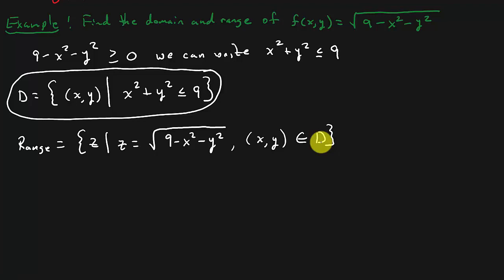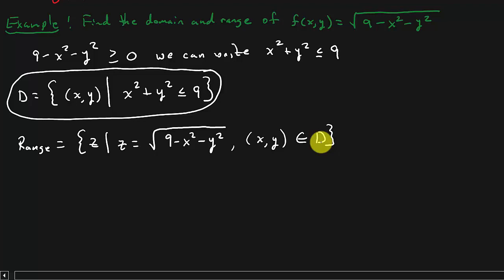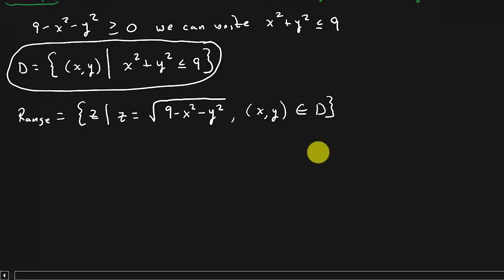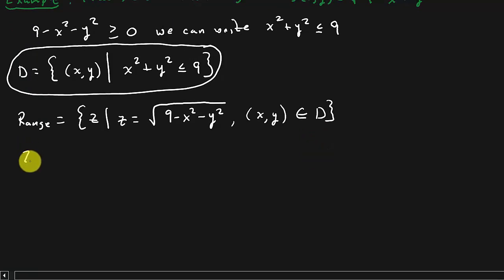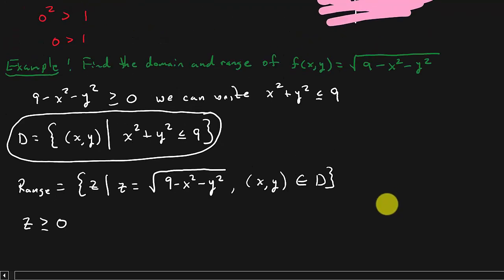Is there a way that we can write this a little better? Let's look. The one thing we know is that z is greater than or equal to 0, right? So I'm replacing the f of (x, y) with a z.